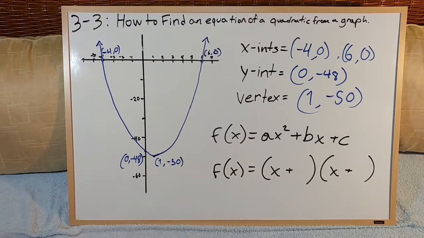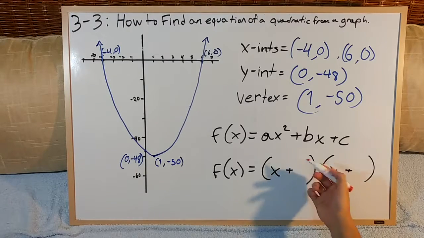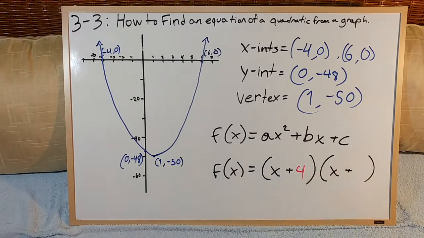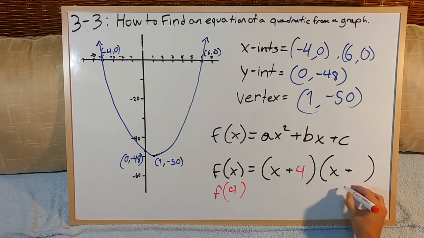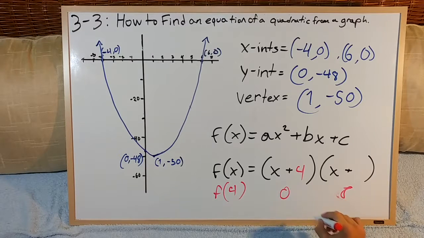From the previous lesson, we also learned how to find the x-intercepts. For example, if we plug in 4 here and we do f of 4, we might get any number here. For example, let's say we get 8 here, but we get 0 here.